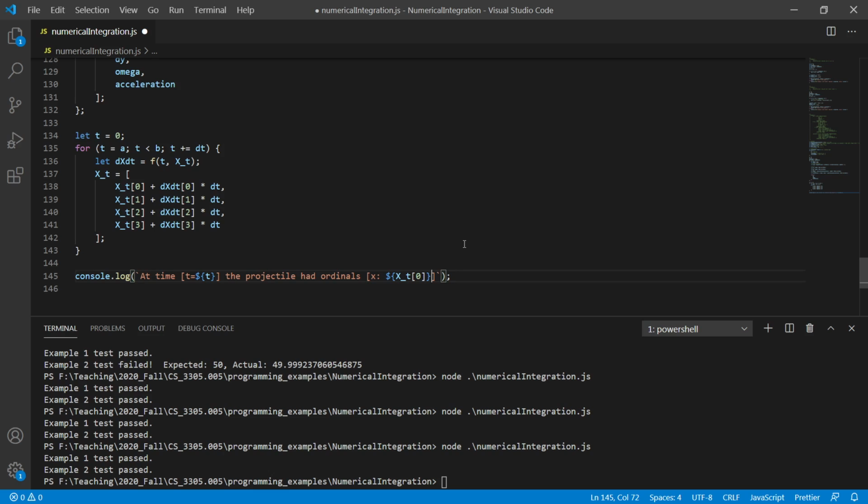And then I'm just going to spit out component by component what our vector was at time t. And I could put this in the loop to see how it's evolving. And in fact, I may do that.